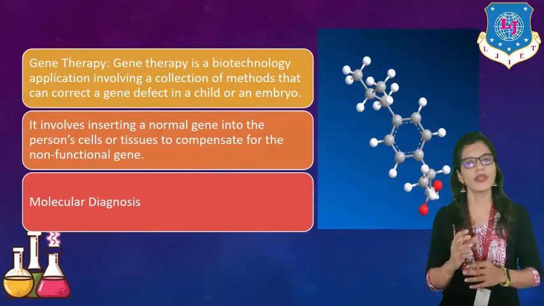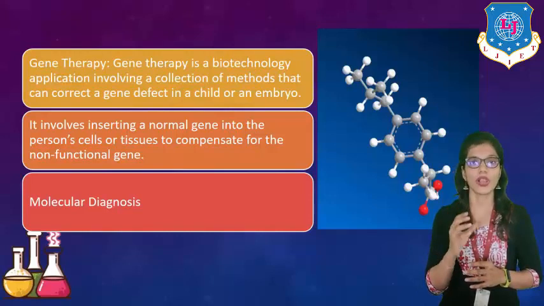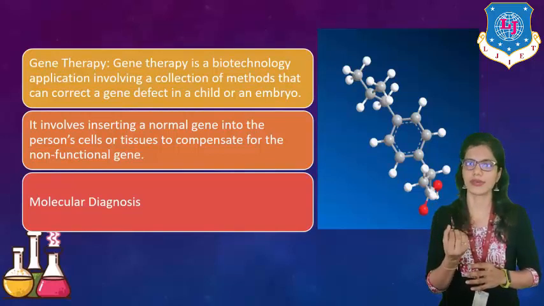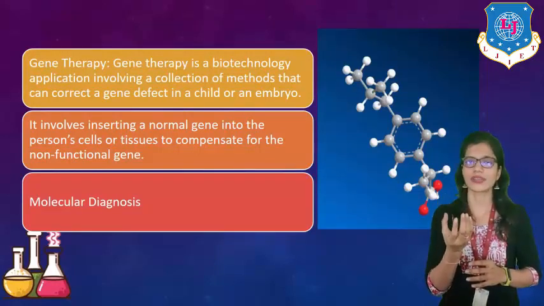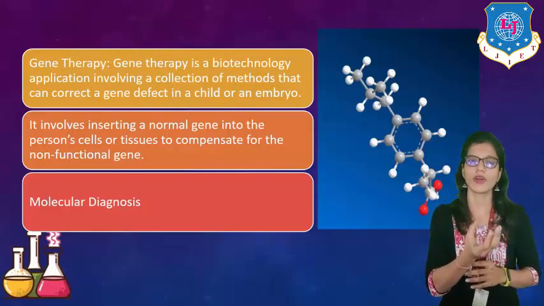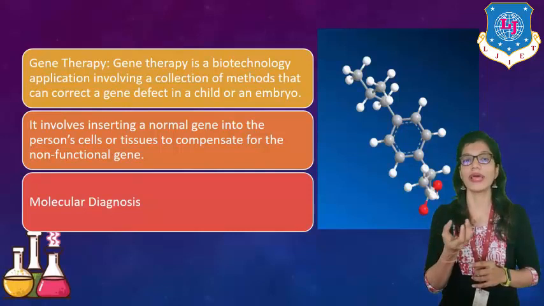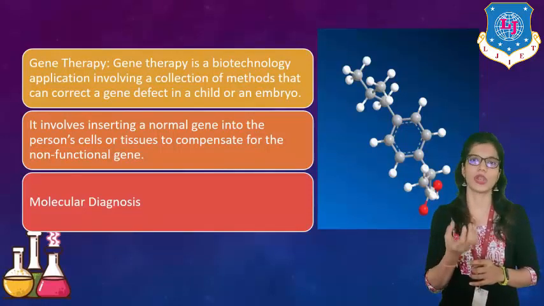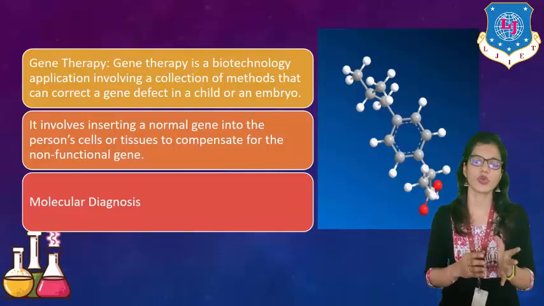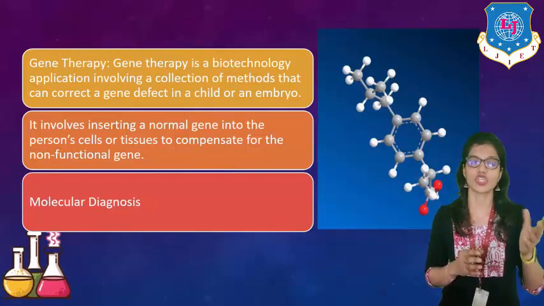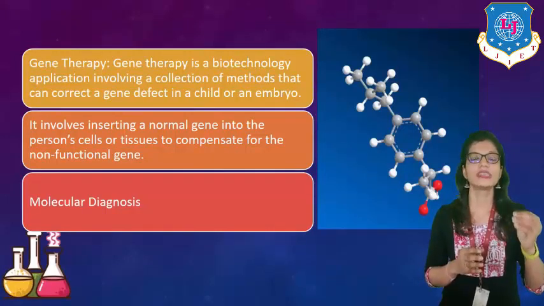Now, we all know that certain genes are responsible for disease, like certain genes that came from our parents, because diabetes is a hereditary disease. Similarly, thyroid or any other genetic defect is known as a genetic disease.